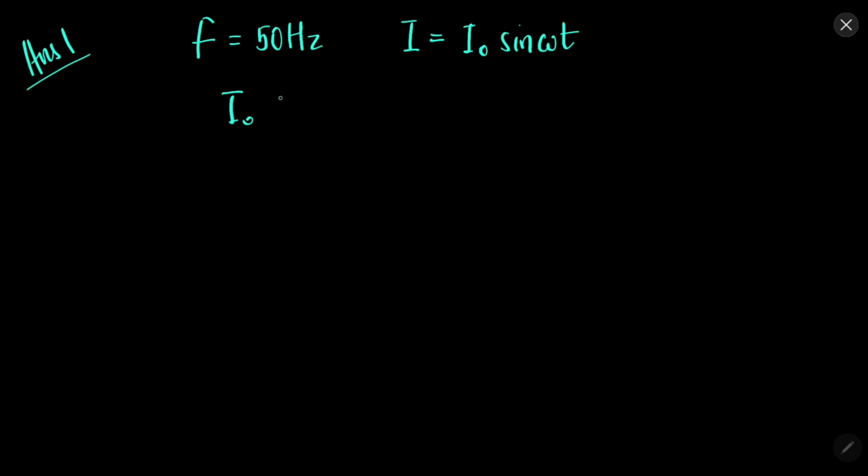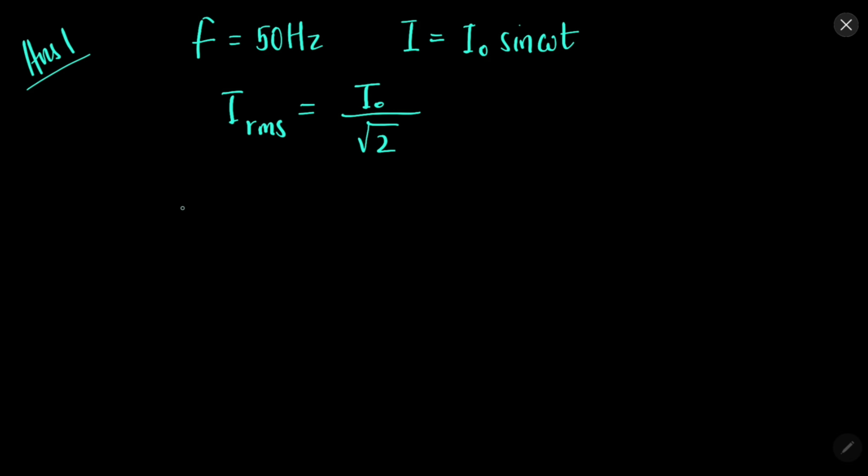So the first question, what do we have? We have frequency equal to 50 Hz. Then current, we know that it is given by I naught sine omega t, where I naught is the peak value. The RMS value is equal to I naught over root 2.